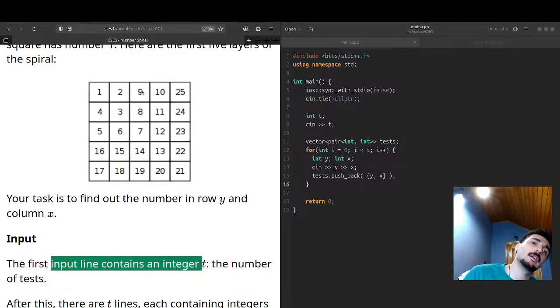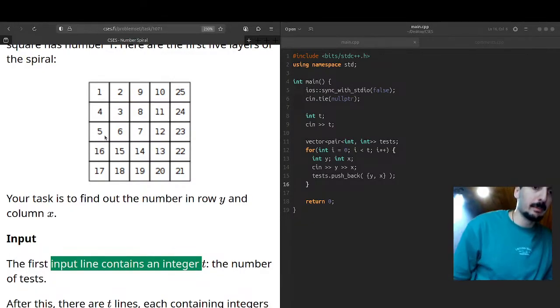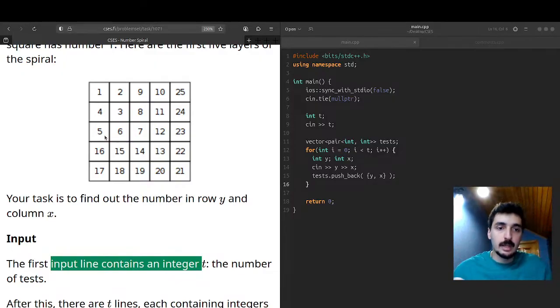Then we have 9, which is 3 squared. Then we have 16, which is 4 squared. So the end of every layer of the whole spiral is the number of the layer squared, pretty much. So the 5th layer ends in 25, the 4th layer ends in 16, the 3rd in 9, and so on and so forth.